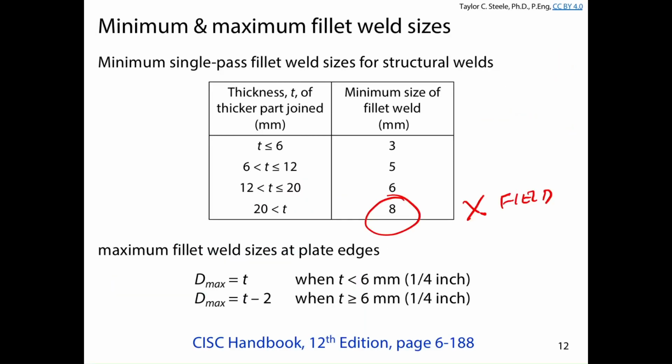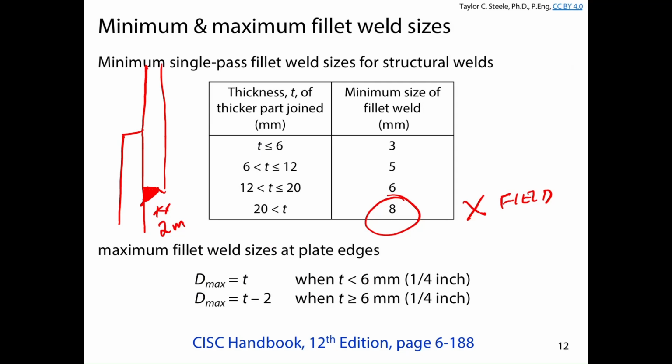For example, if you're doing a lap splice, which means you're taking two pieces of plate, something like this, and you're trying to do a fillet weld here, for certain sizes of plates, if you exceed 6 millimeters, you're not allowed to cover any more of a gap than leaving 2 millimeters at the edge of that plate.